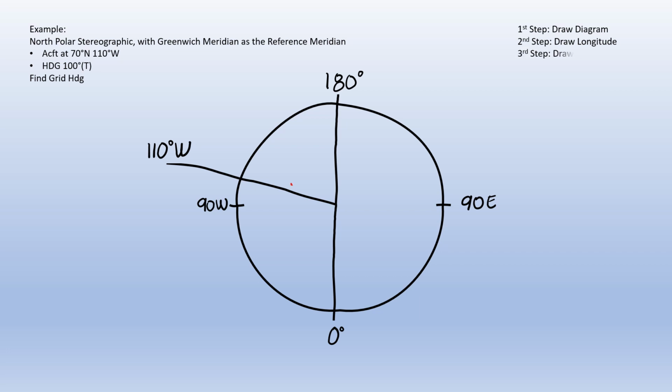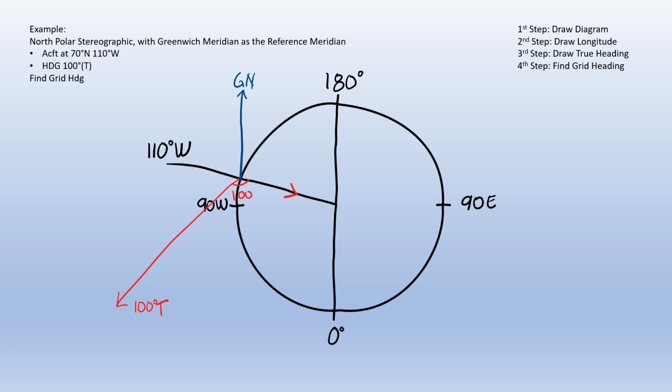Next, draw true heading. Tangent to the circle is 90 degrees. 100 degrees is roughly here. The value of this angle is 100 degrees. Next step is to find grid heading. Grid north is pointing toward the top of the screen.